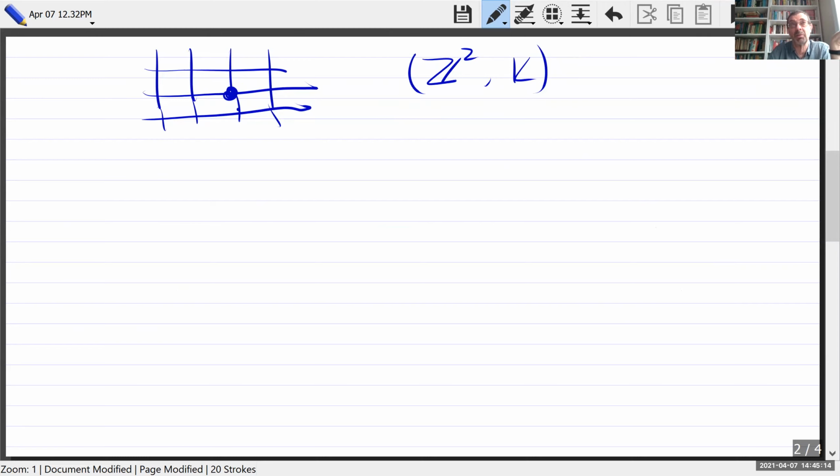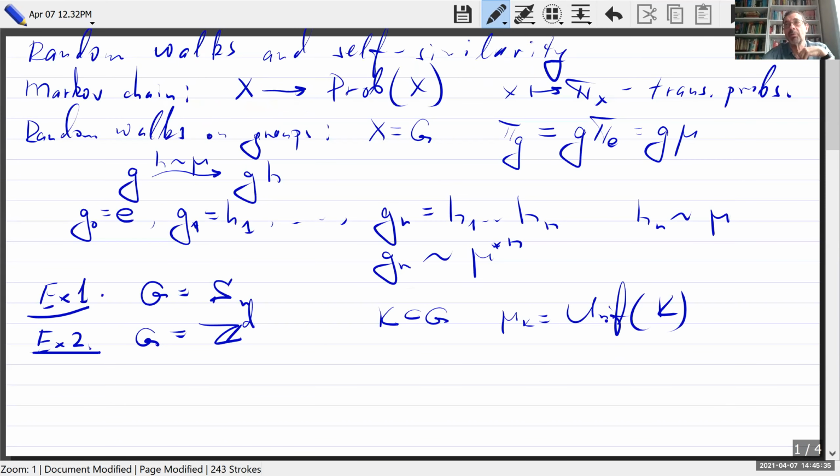So in other words, I have precisely the uniform distribution on the set of neighbors, which amounts to the uniform distribution on the generating set.